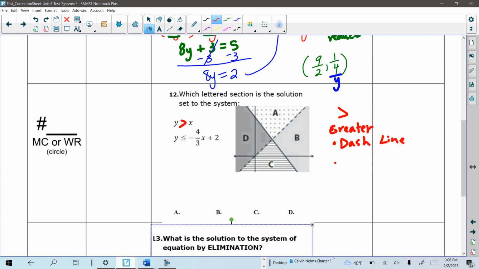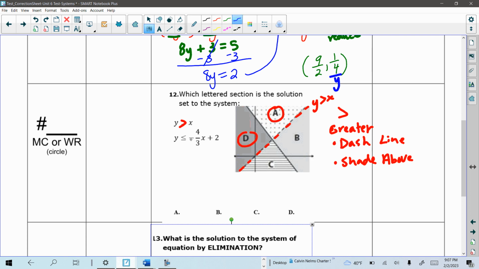And that symbol also means we're going to shade above the line. So right here is my dash line. So that means this is where the y is greater than x. Since we're shading above, that means we're looking at sections A and D for that first inequality.